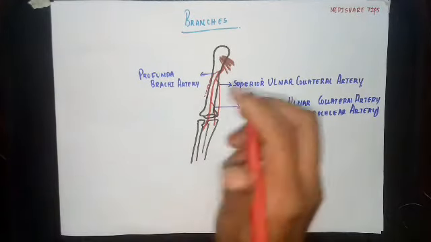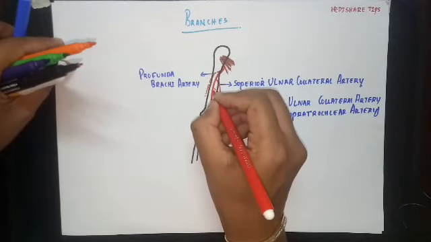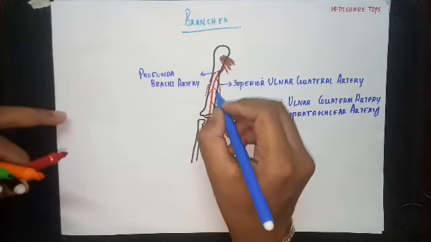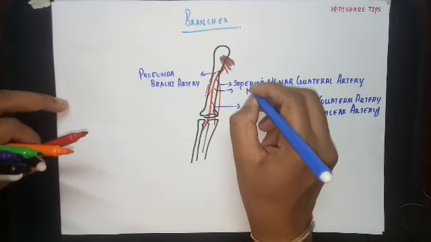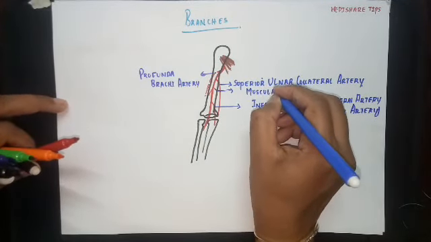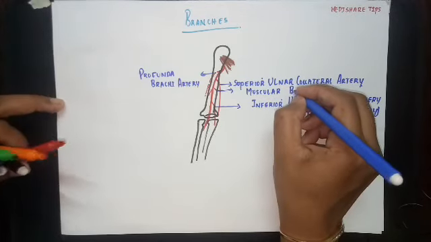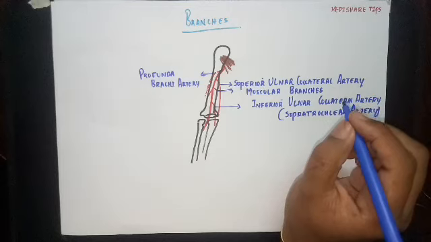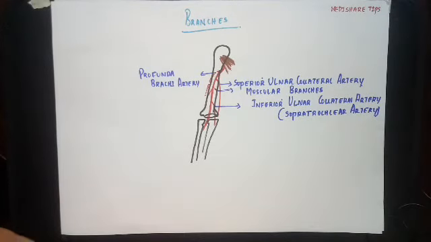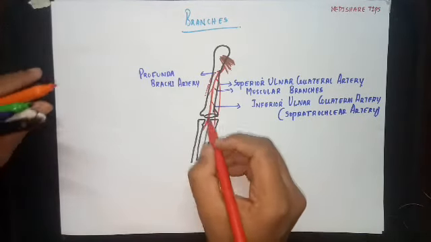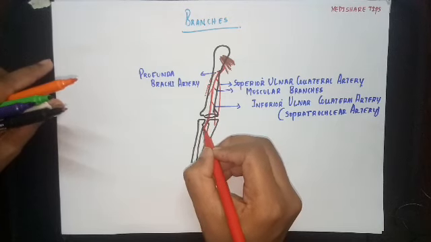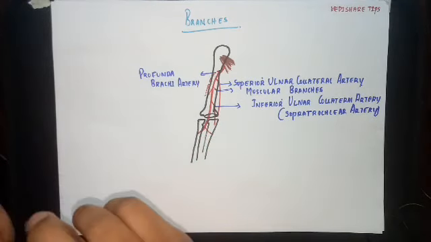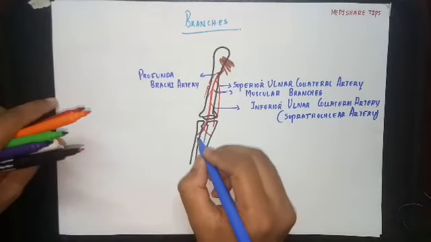Now, it gives out numerous muscular branches also. So, muscular branches are there. And at the neck of the radius, it terminates by dividing into two terminal branches, that is the radial artery and the ulnar artery.